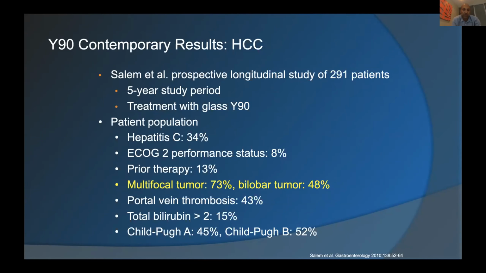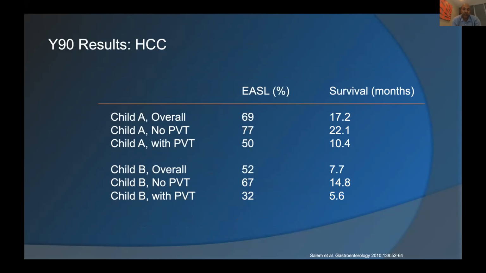So you have all these patients with portal vein tumor thrombus, multifocal tumor, and even half the patients had bilobar disease. And you see their response rates in this advanced stage population, stratified by Child A and Child B. You're looking at response rates anywhere in the 60 to 70% range, which is okay, but it's not exceptional.